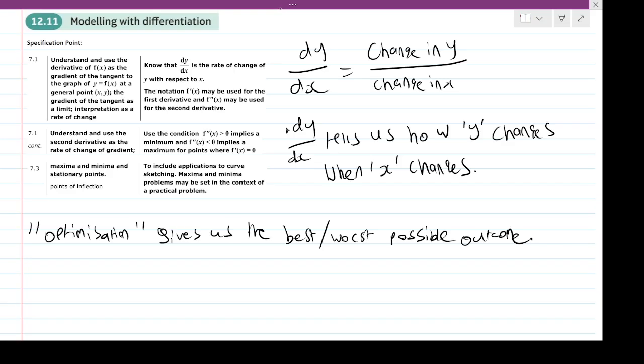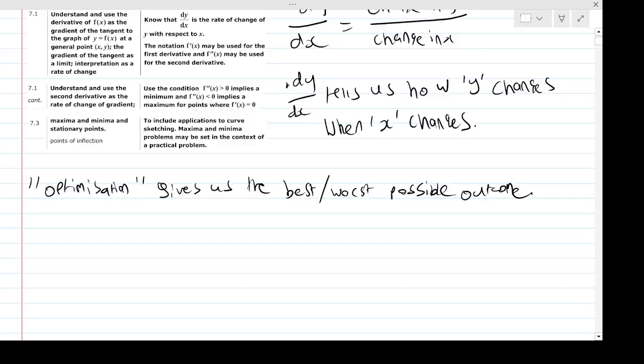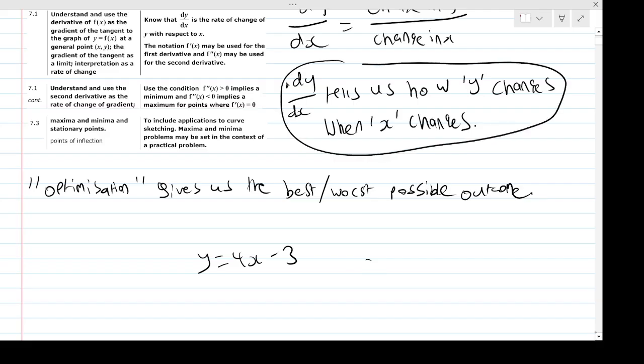So you can think of it as a straight line. As an example, if a straight line had the equation, let's say y is 4x minus 3, well, the gradient is 4, m is 4. That means when x changes by 1, y changes by 4. That's what that means. So this whole derivative, dy dx, you can think of it as a rate of change.